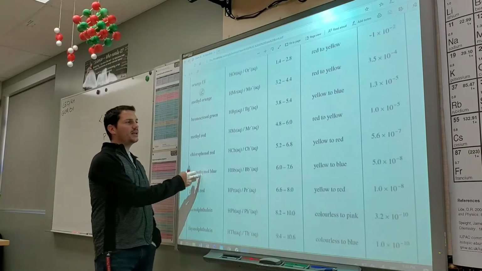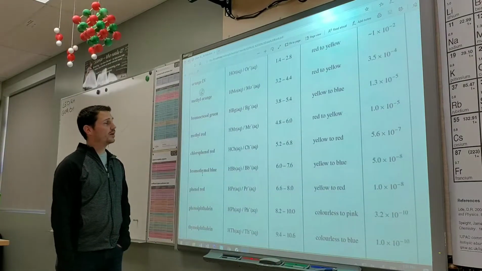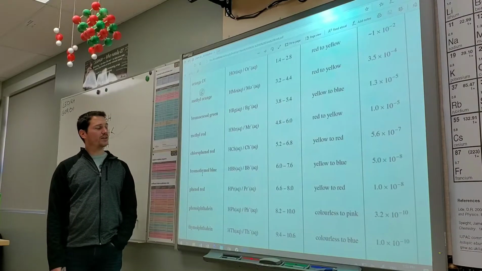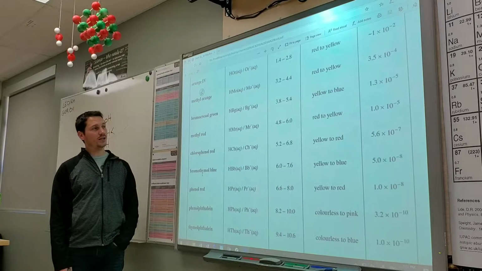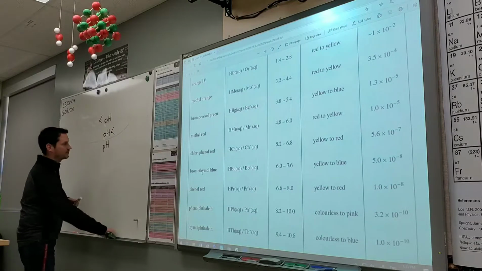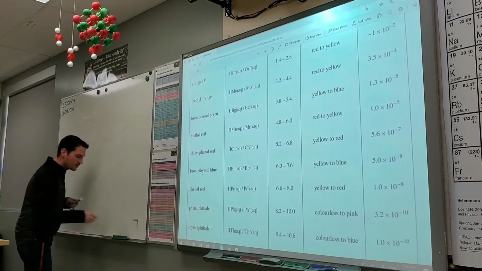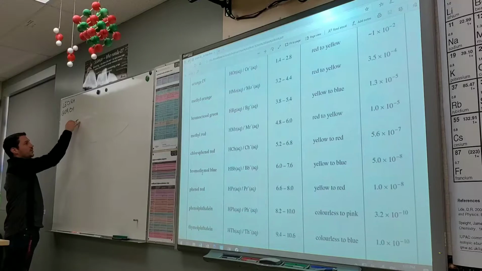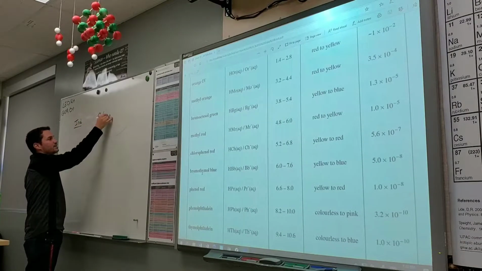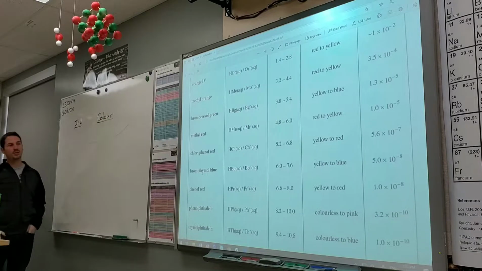I'm gonna take methyl orange. You tell me the indicator and what color it is, and then you have to tell me what the pH range is.